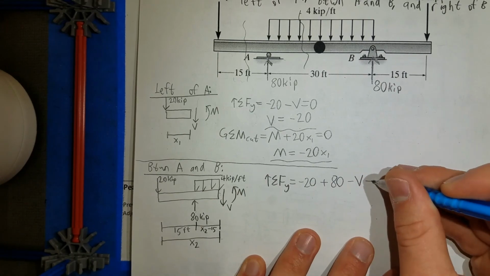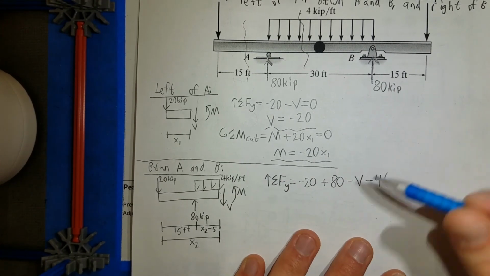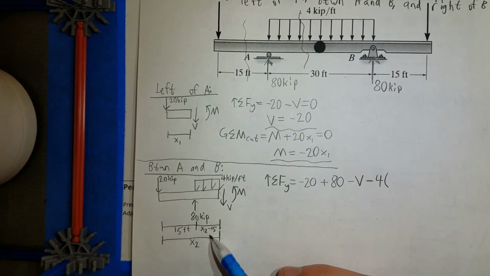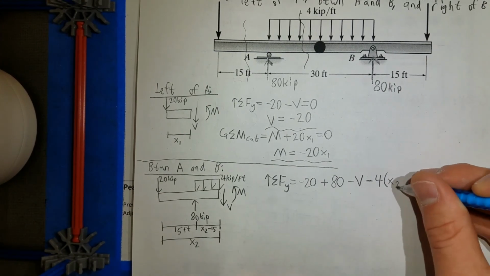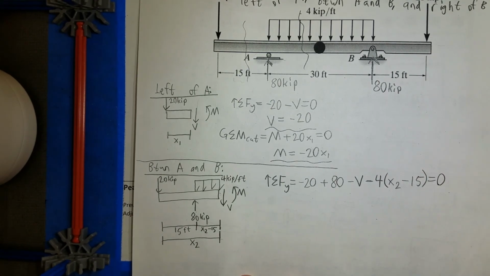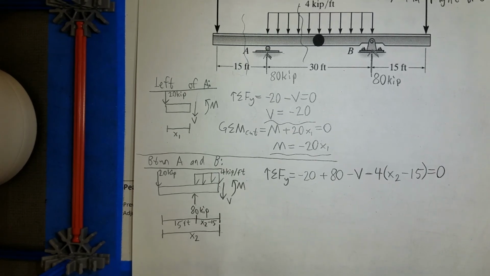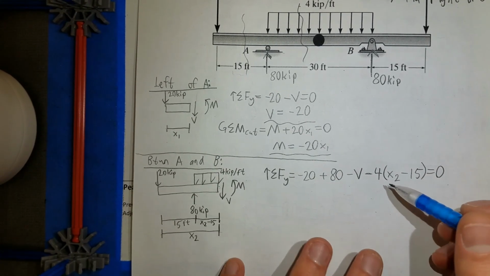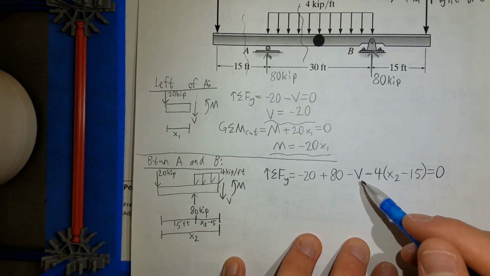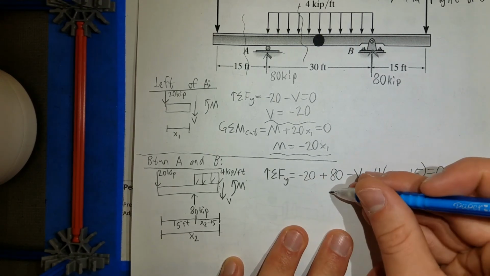But we're going to have acting downward our 4 kips per foot times the distributed load acting over x2 minus 15, and those are going to be equal to 0. And we're going to solve this out for our shear. I'll simplify this a little bit.